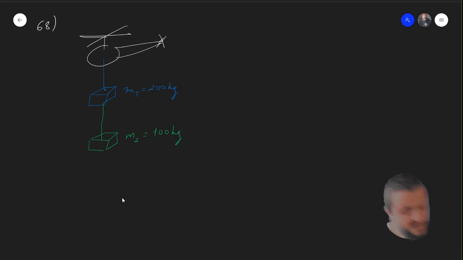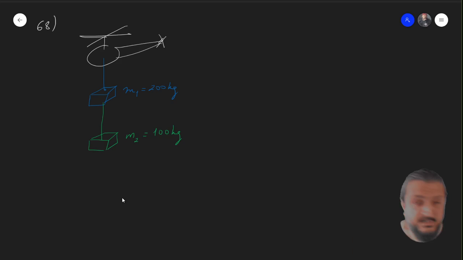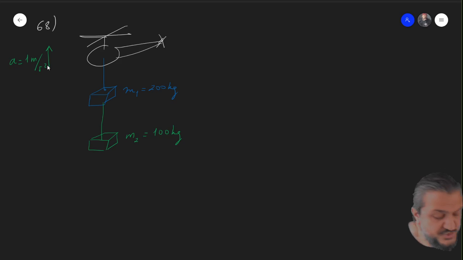As the helicopter accelerates upward at a rate of 1 meter per second squared, so the acceleration vector is upward with a magnitude of 1 meter per second squared. What is the tension in each of the two cables?